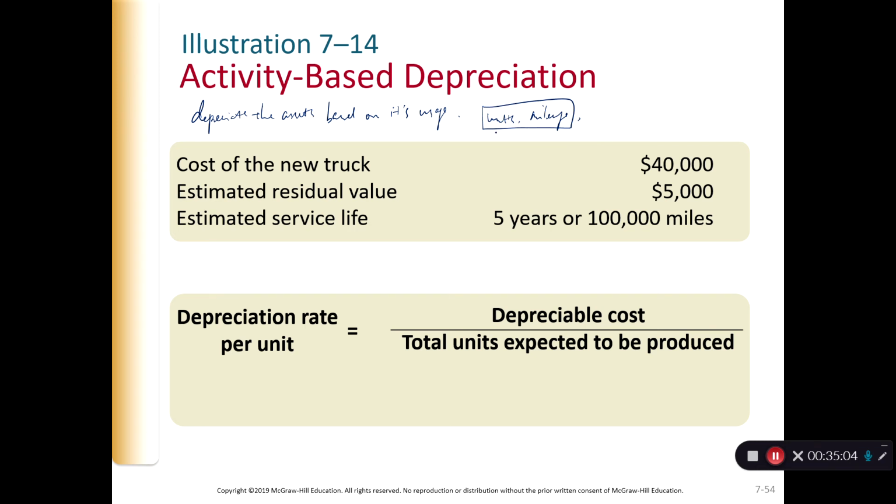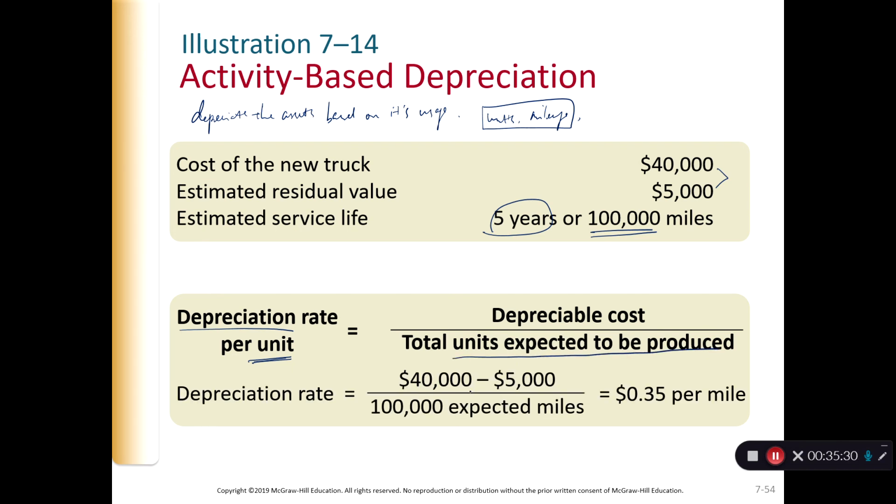So very simple. Instead of using the useful life, we use the mileage that this truck can serve us. So the depreciation rate, or average depreciation cost per unit, is the depreciable cost, which is the original cost minus the residual value, divided by total units expected to be produced.